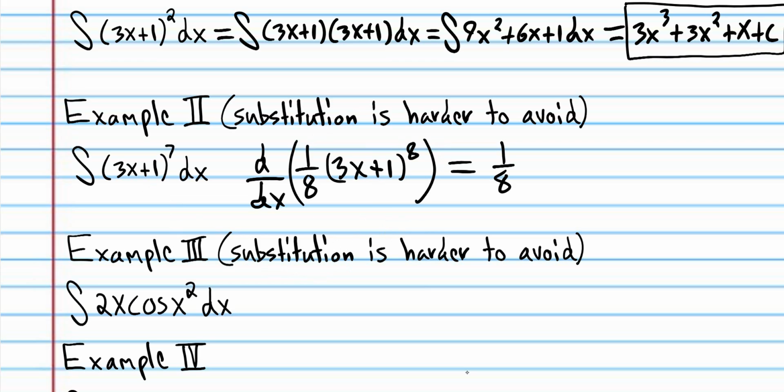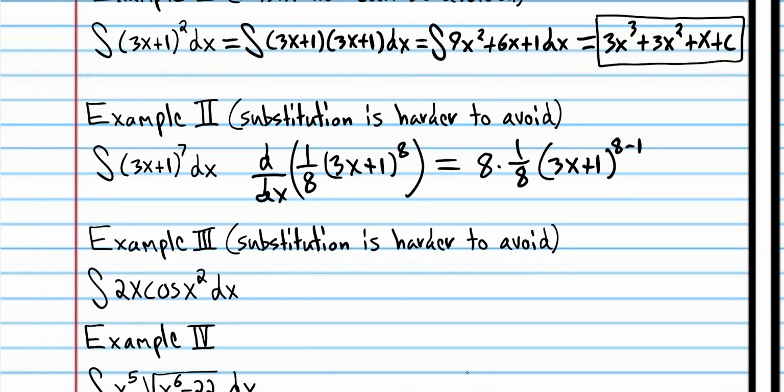So we're going to find the derivative of the outside function. That means we're going to bring down that 8, and we're going to subtract 1. So that was the derivative of the outside function, that yellow part there.